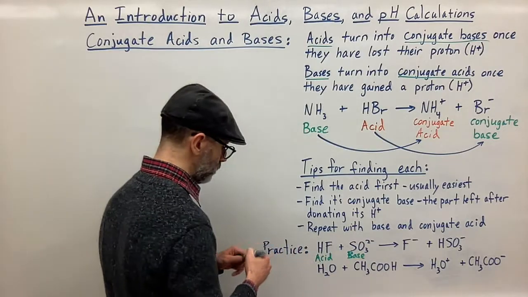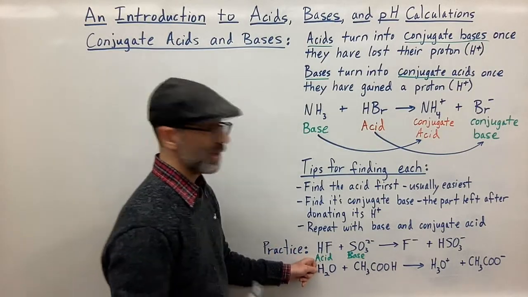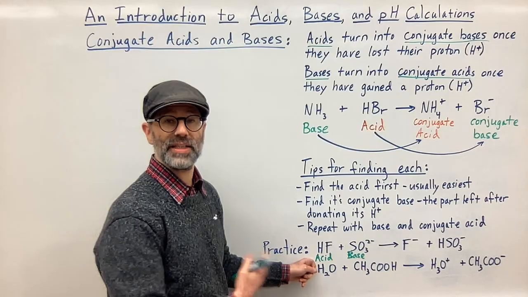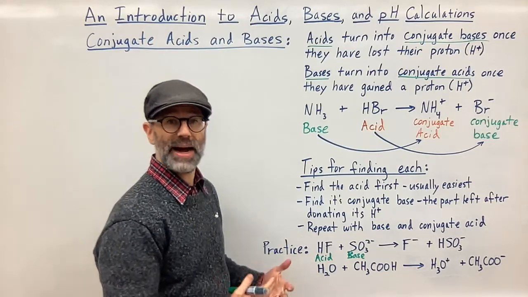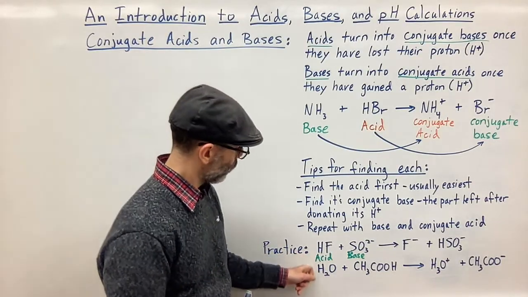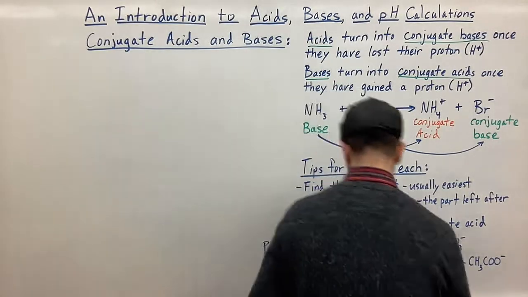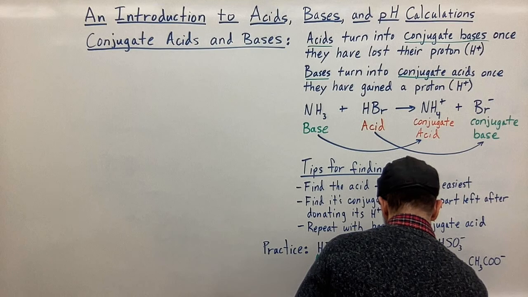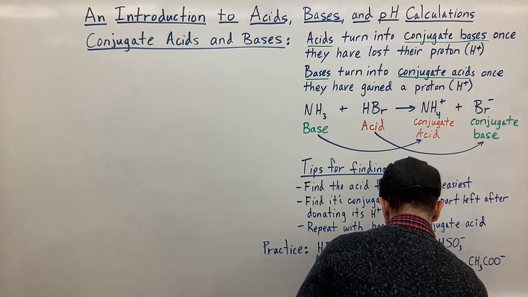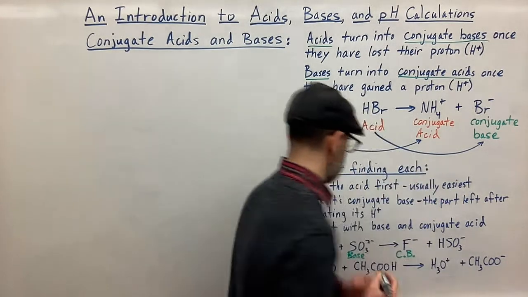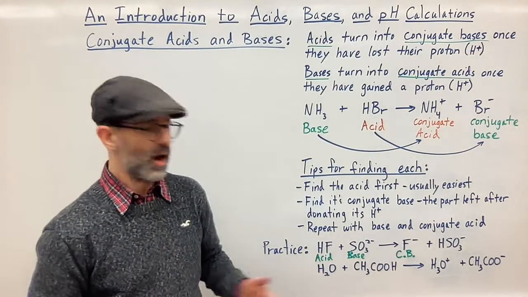If this is the acid, then the conjugate base is going to be what's left over. It's going to differ by an H. Here we have HF, here we have F minus. So this is going to be the conjugate base, CB for conjugate base.